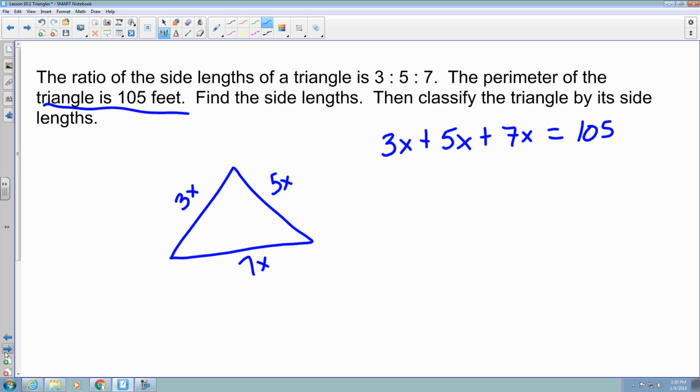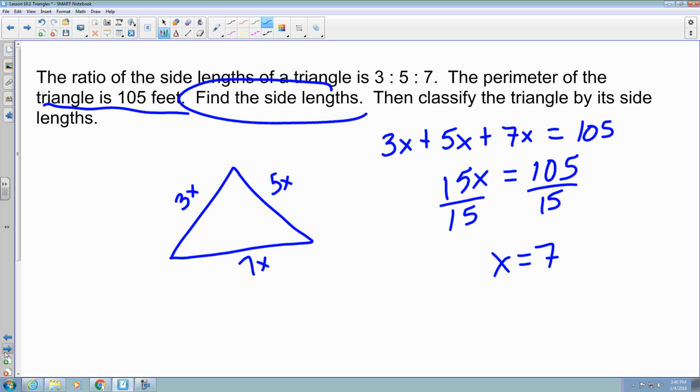We have 3x plus 5x plus 7x gives us 15x. So 15x equals 105. And all we have to do is divide by 15. So 105 divided by 15 gives me x equals 7.